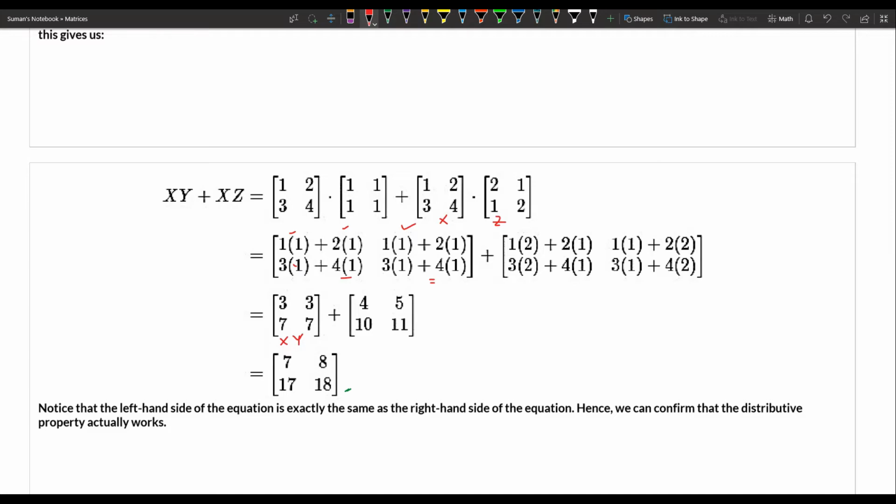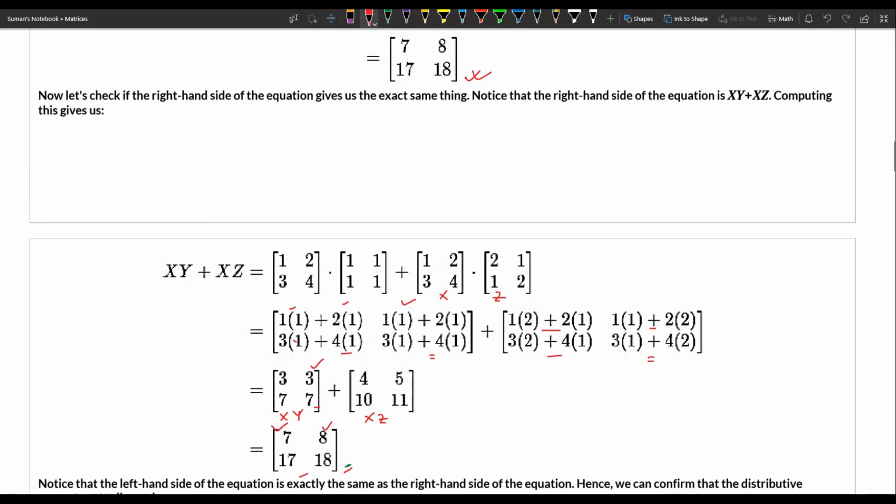So 1 into 2 plus 2 into 1, 1 into 1 plus 2 into 2, 3 into 2 plus 4 into 1, and 3 into 1 plus 4 into 2. So we are getting xz as 4, 5, 10, 11. So after adding: 3 plus 4, 7; 3 plus 5, 8; 7 plus 10, 17; and 7 plus 11, 18.